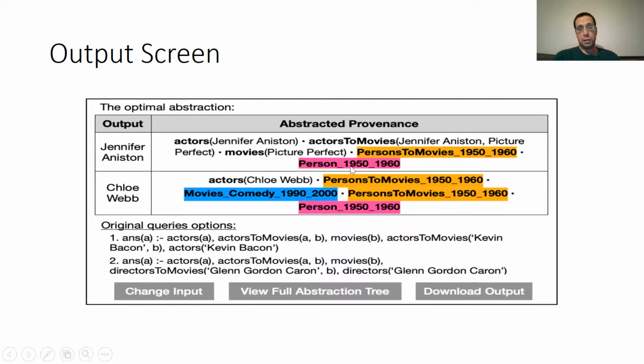In this case, instead of talking about a particular person, we just show that this is a person who was born between particular ages, and instead of talking about a particular movie in the provenance, we just say that it's a comedy produced between 1990 and the year 2000. And we show some options for the queries in order to allow the users to really inspect whether the privacy level they are interested in is suitable for them, and so forth. So this is an interactive process.